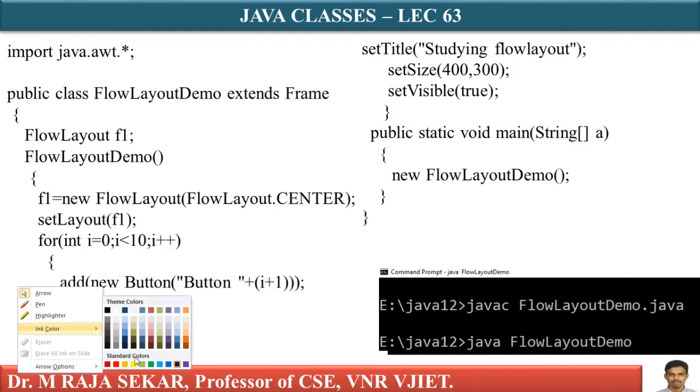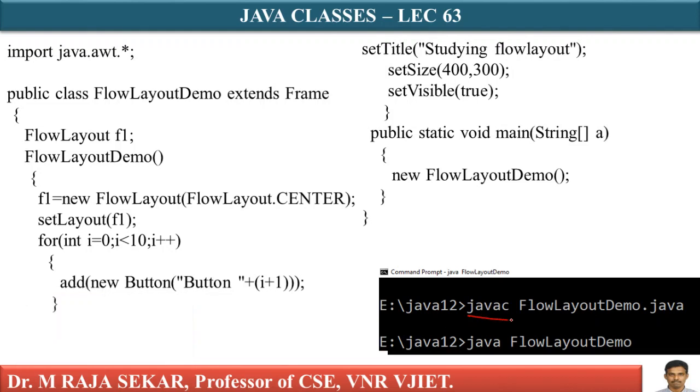The procedure is simple and straightforward. javac FlowLayoutDemo.java. I am compiling. This is application program, not applet program. Just I am running java FlowLayoutDemo. Then what is my output? Anyway, I will demonstrate this one. What am I doing here? New means I am creating. What am I creating? I am creating button.